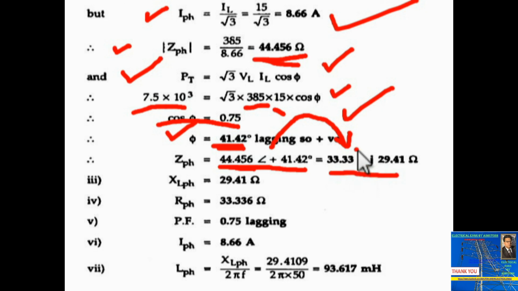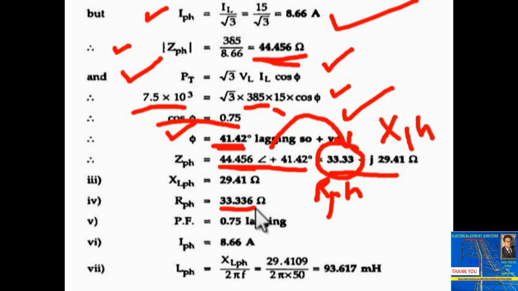This is RPH and this is XPH or XL. The value of R you can see here is 33.336, and the value of XL is 29.41.